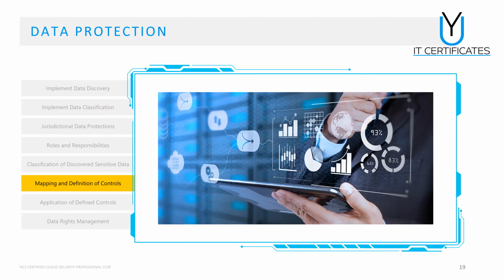Whatever controls you have in traditional data centers, you can have the same concept in your cloud infrastructure. Of course, it will be more difficult because the integration will not be easy, since you don't have full control of the cloud service provider infrastructure.